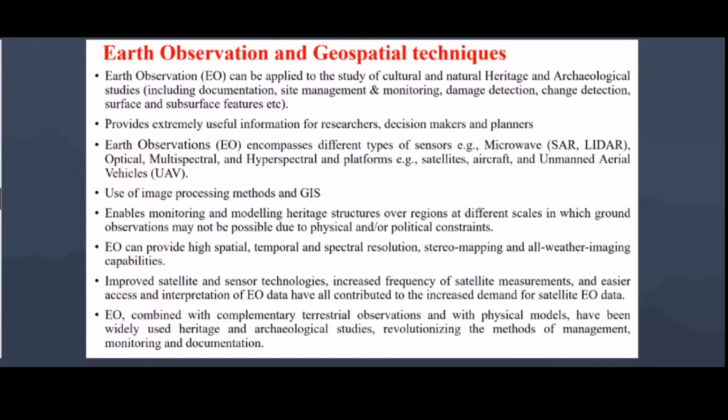Laser sensors will give us a three-dimensional view. It can penetrate through vegetation cover, so can microwave sensors and so on, and this will give us additional information which otherwise through visible or optical region of the spectrum, through human eyes, we would not have been able to perceive. This is an added advantage.